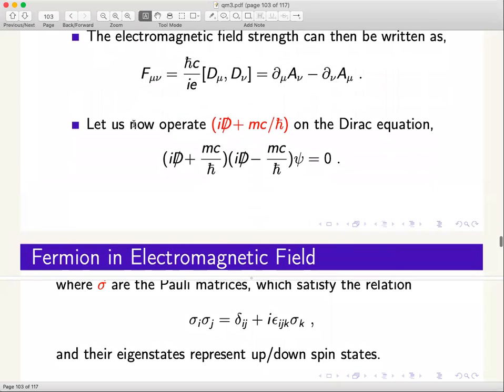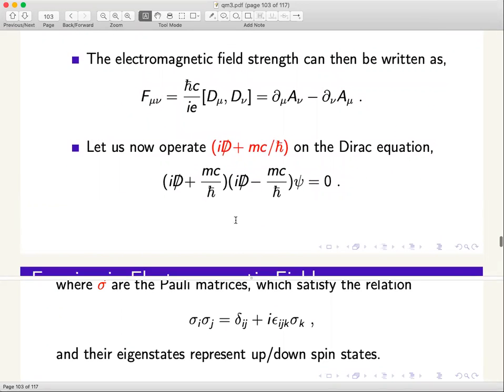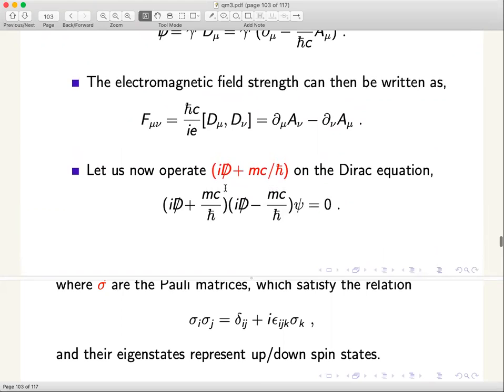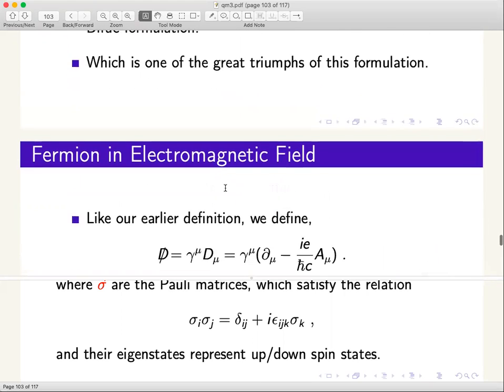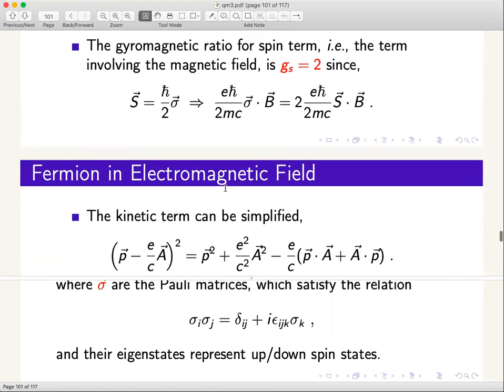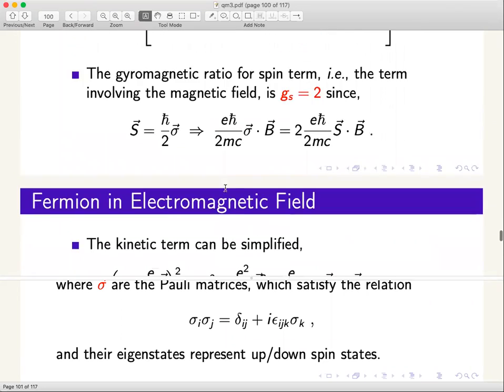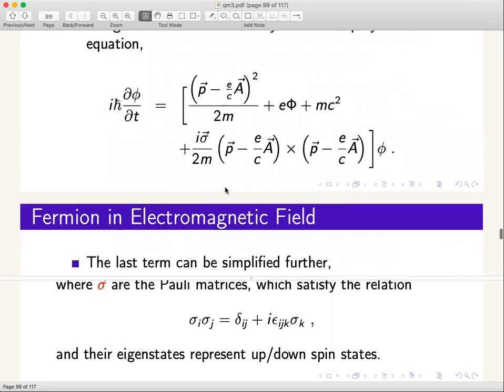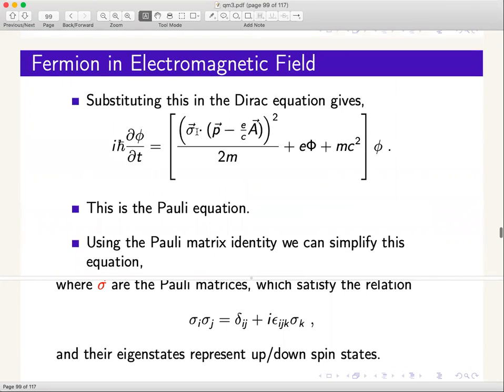Now remember that when we are trying to manipulate these quantities, sigma dot pi whole squared, at that time we have to use a sigma matrix identity, which is written out here.